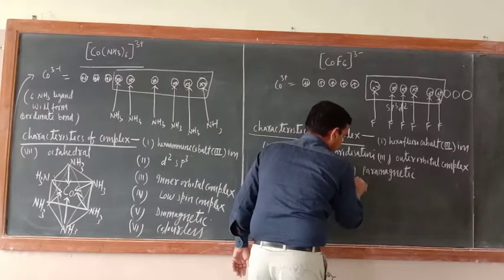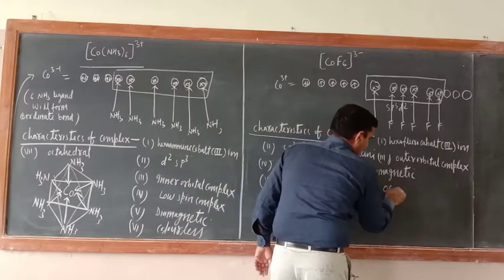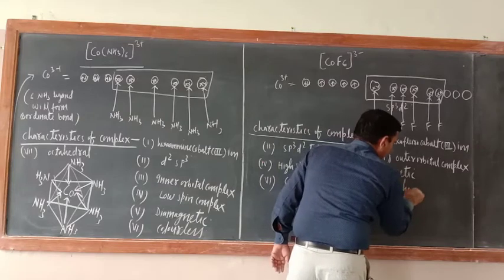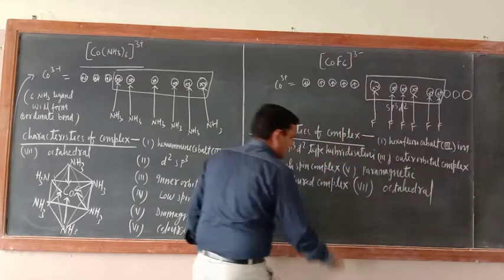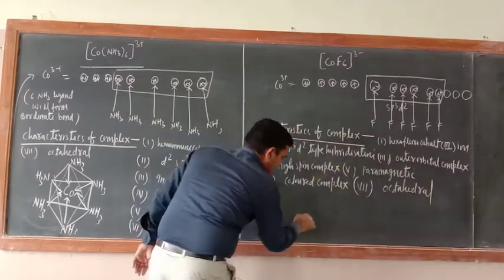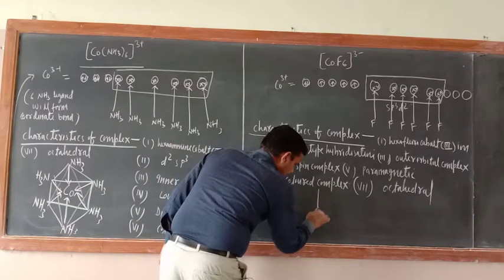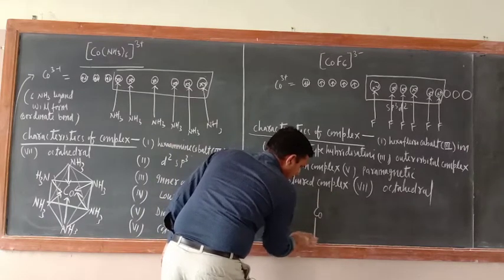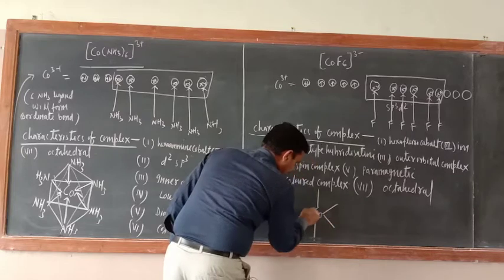Now what would be the shape? Seventh number, geometry. Octahedral only. So make the shape octahedral. This is cobalt.